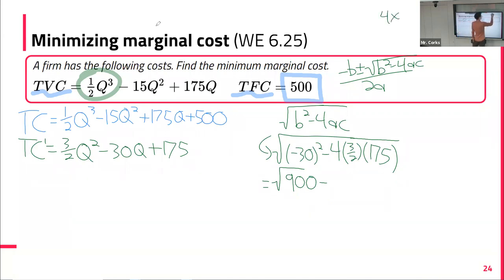So I would think 4 times 175 is 2 times 350, which is 700. And then 700 times 1.5, so that's just plus another 350. 1050. So this square root is going to turn out to be negative. So no real roots, so no turning points, no minimum.